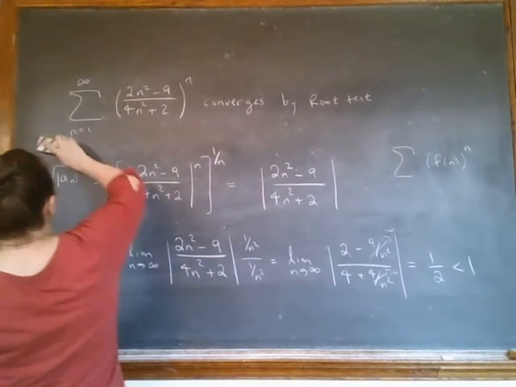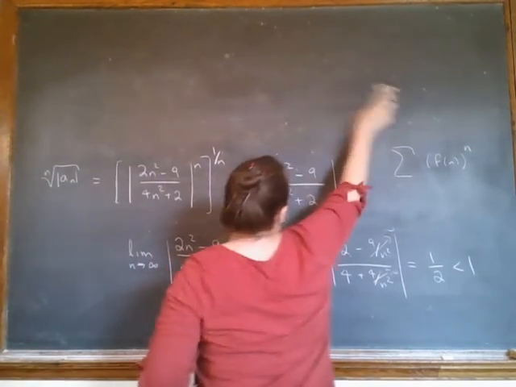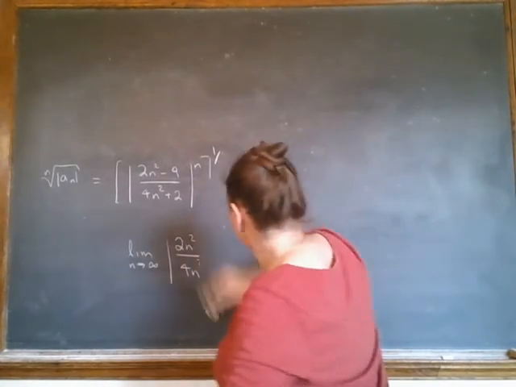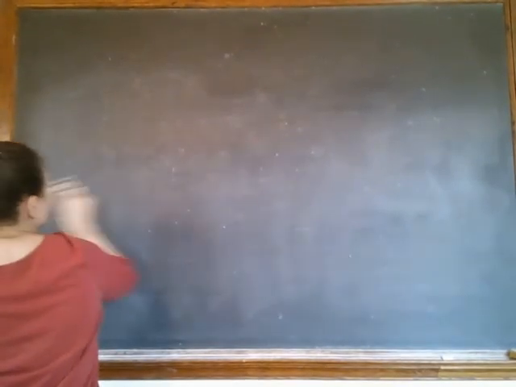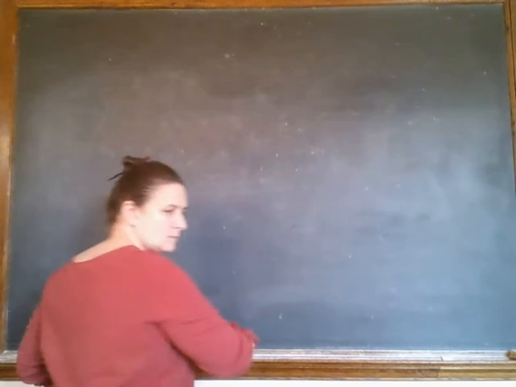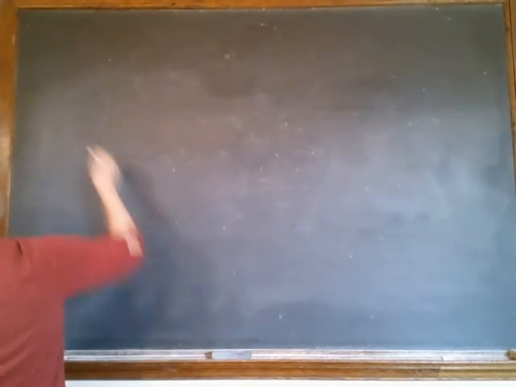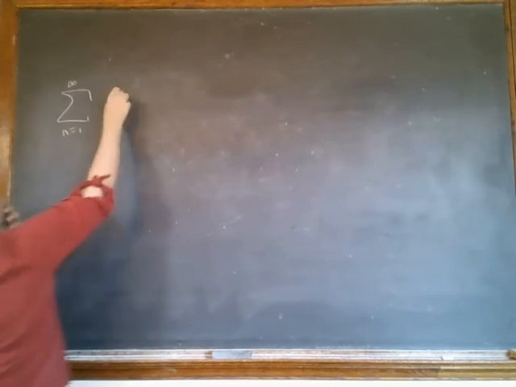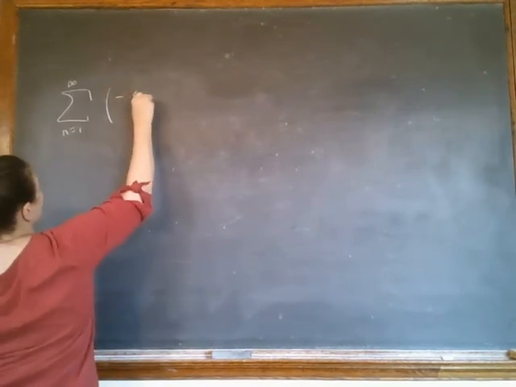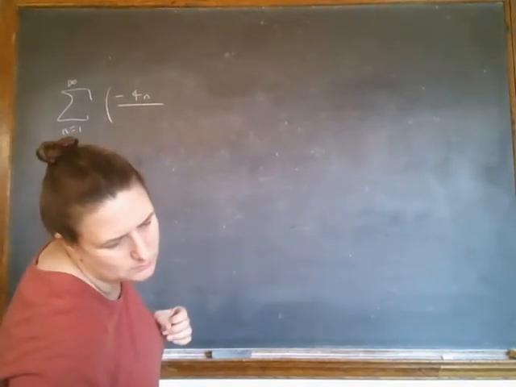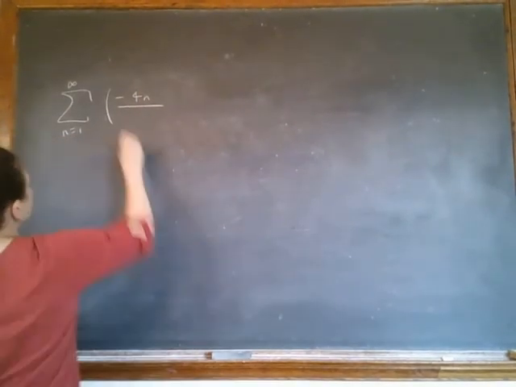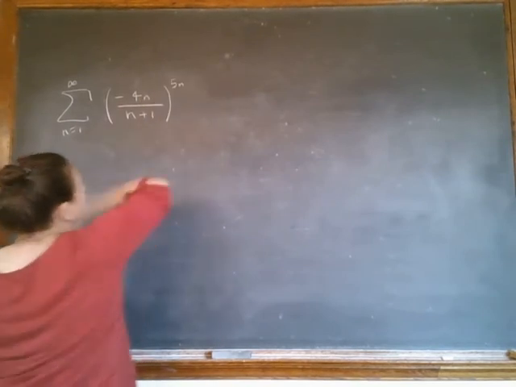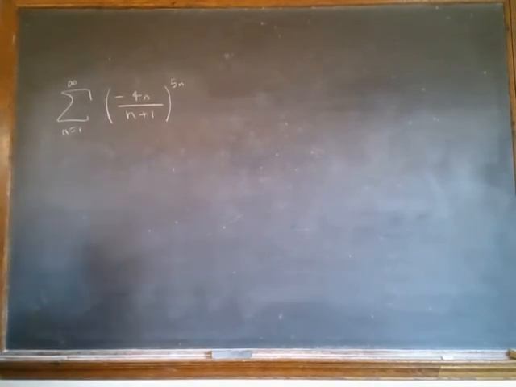Okay, let me do another example or two. Minus 4n over n plus 1, all to the 5n. Not too bad.